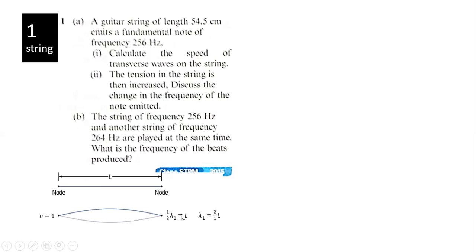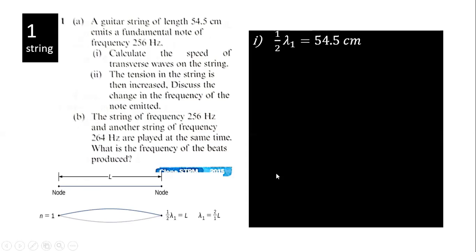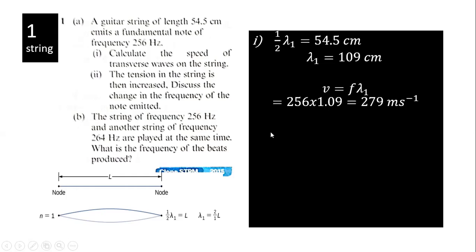Take the 2 across there. So from there, you can calculate your half lambda equals 54.5 and calculate your wavelength. And then after that, you have been given the frequency, you can calculate the speed. f times lambda 1. That's the frequency, and that's the wavelength that we have calculated. You can convert that cm to meter and get your answer.